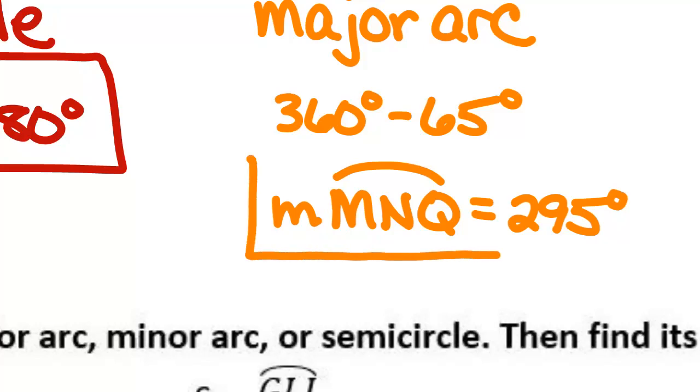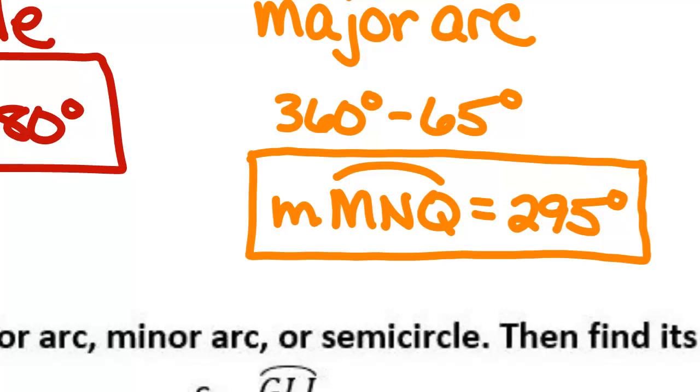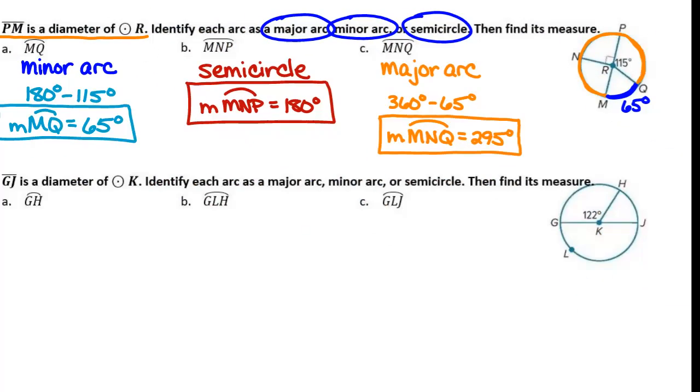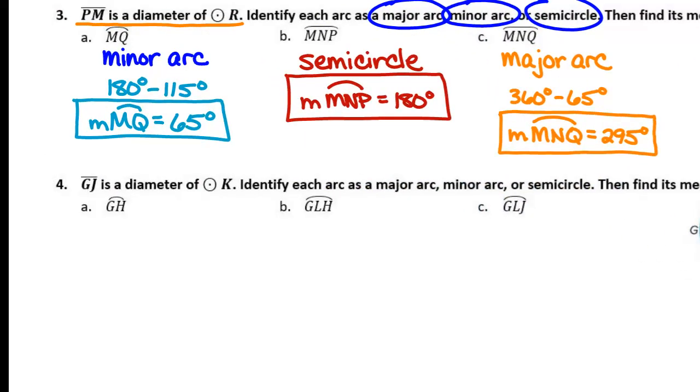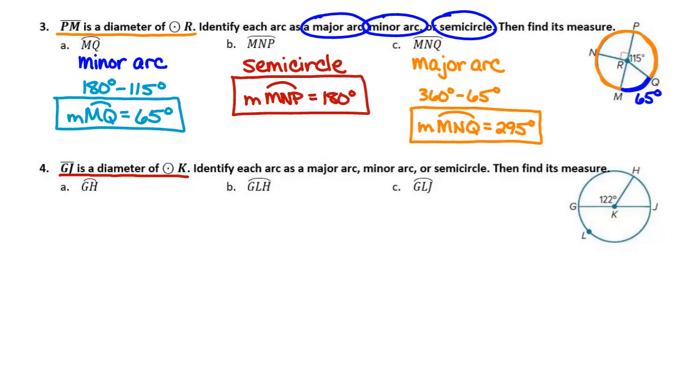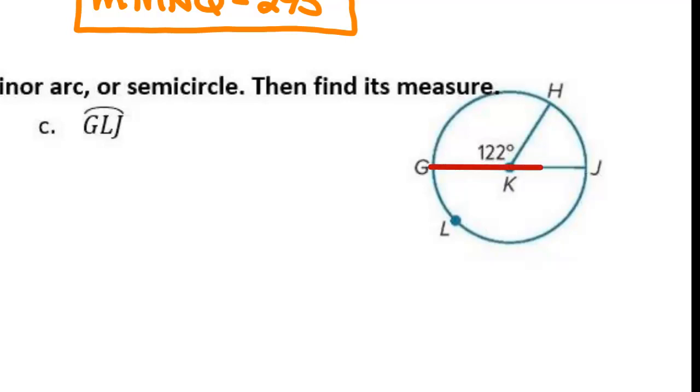Let's try another one like that. This time, what is my diameter on number 4? GJ is a diameter of circle K. GJ is right here.